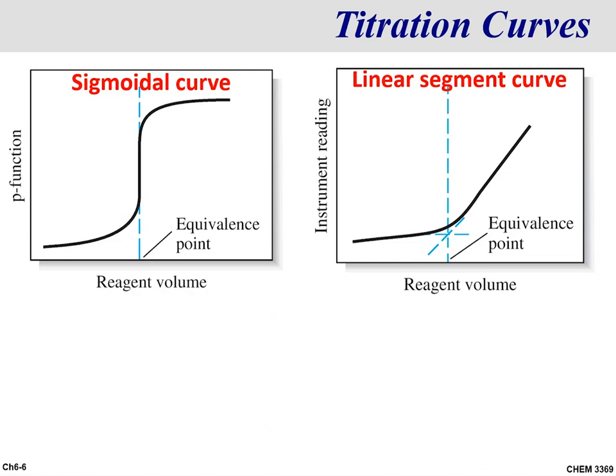And we generally distinguish two types of titration curves, and that gives us two general types of endpoints that occur in these stoichiometric methods. So the first type, on the left, is called a sigmoidal curve.